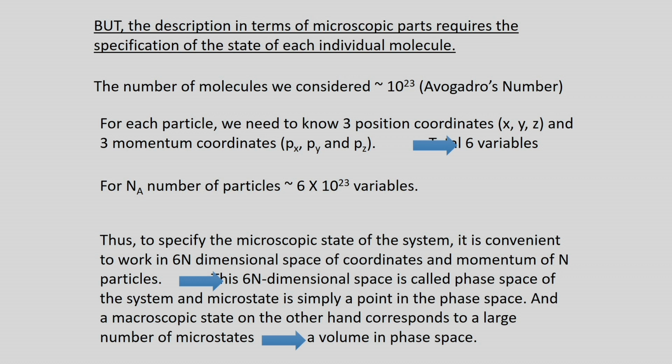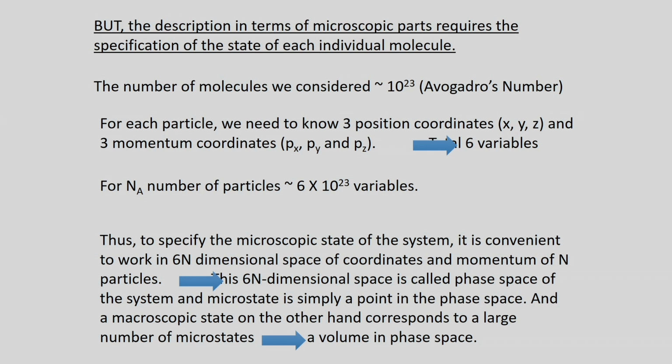But the description in terms of the microscopic part requires the specification of the state of each individual molecule. Now, the number of molecules we consider here is on the order of Avogadro's number, and for each particle or molecule we need to know at least 3 position coordinates and 3 momentum coordinates.